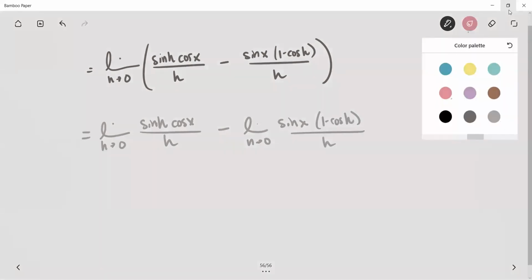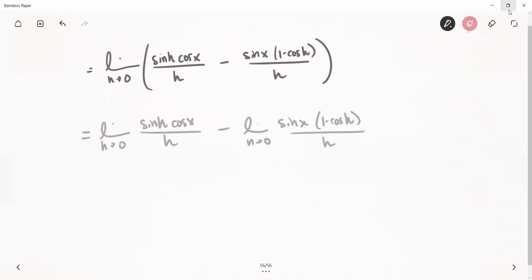And here are my golden tickets right here. Right? Got the limit as h goes to 0 of 1 minus cosine h over h. And then I have the limit as h goes to 0 of sine of h over h.